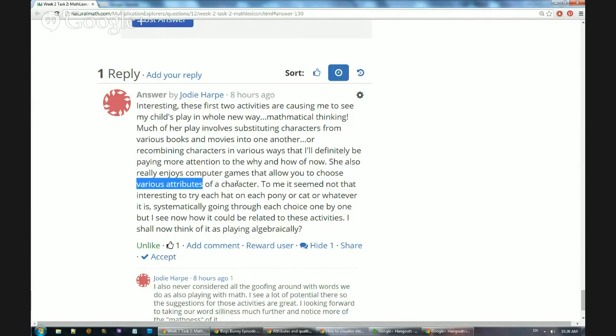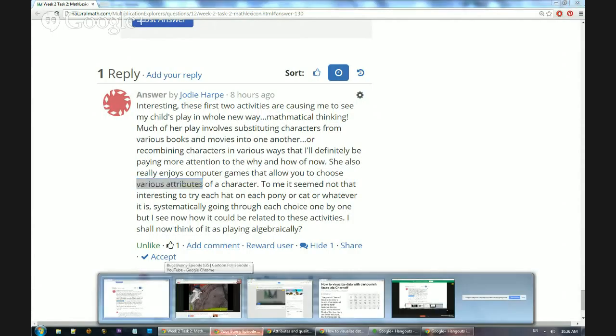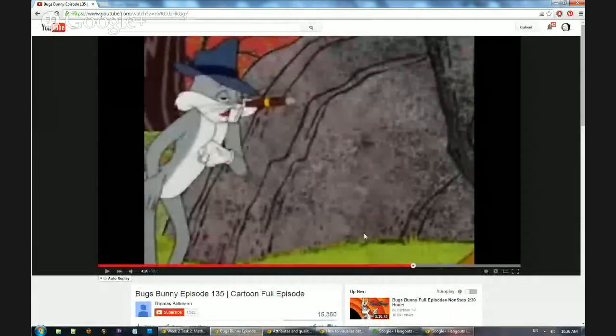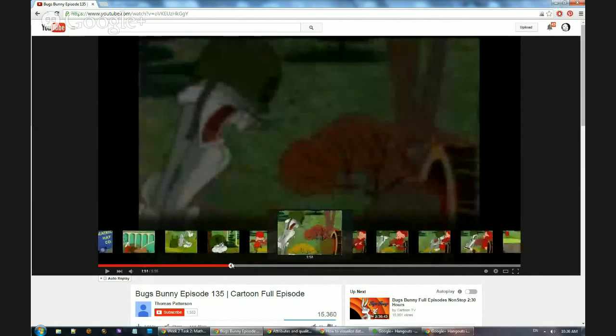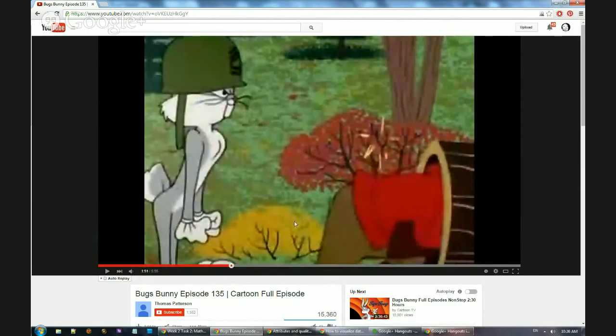My favorite example of attribute play, one of my favorite ones, is this Bugs Bunny episode called Bugs Bonnets, where a lot of theater props, hats of different sorts, flow around the forest, and when they land on Bugs or Elmer Fudd, they take on different characters.